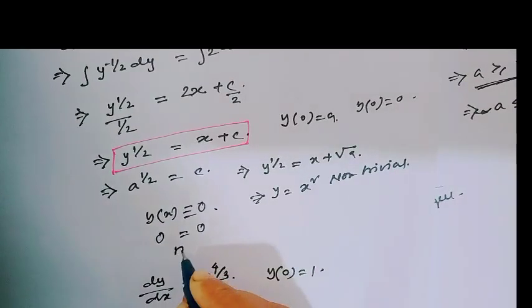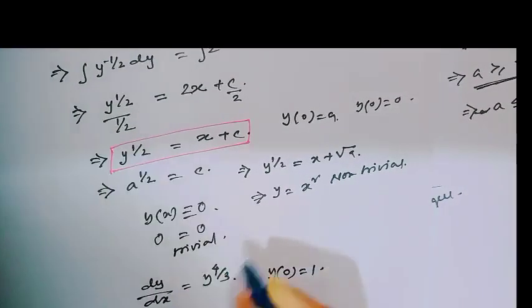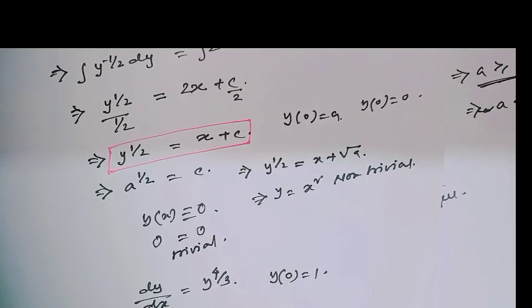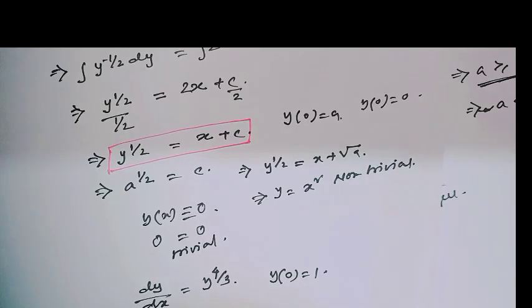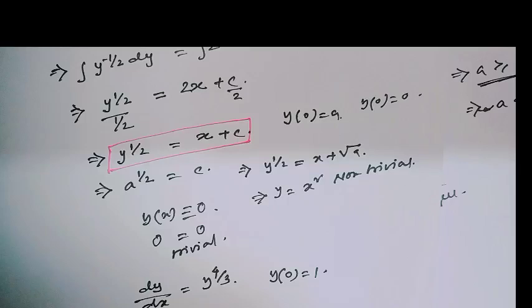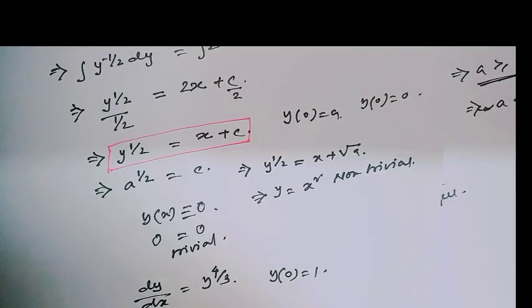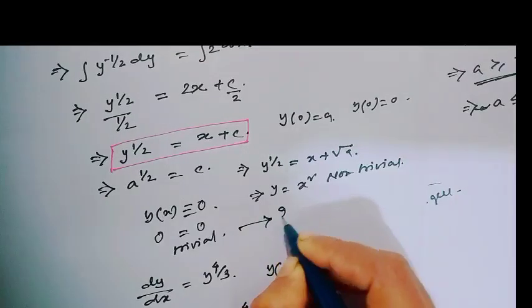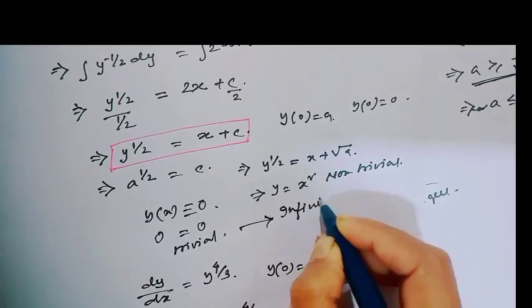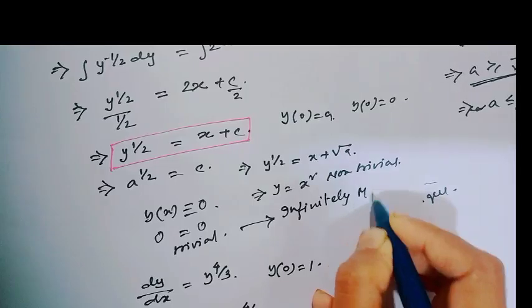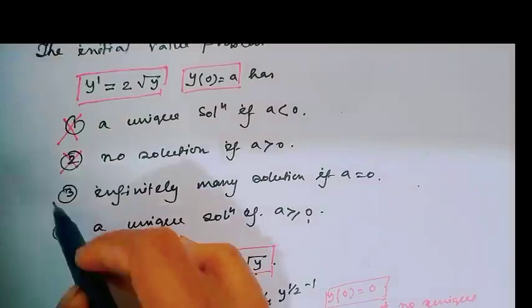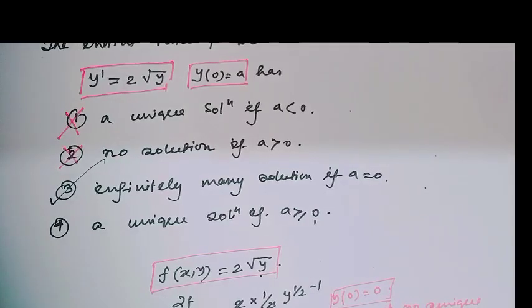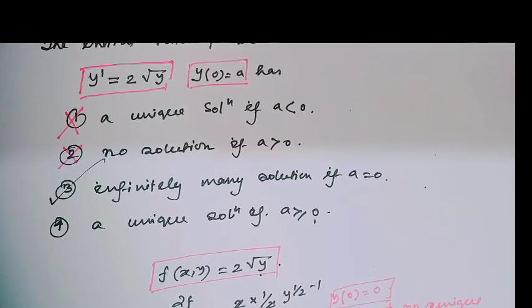That means there exist two solutions, one trivial and the other non-trivial, y equal to x square. Since there exist two solutions, trivial and non-trivial, this is obviously infinitely many solutions. So option 3 is the right option: infinitely many solutions if a equal to 0.